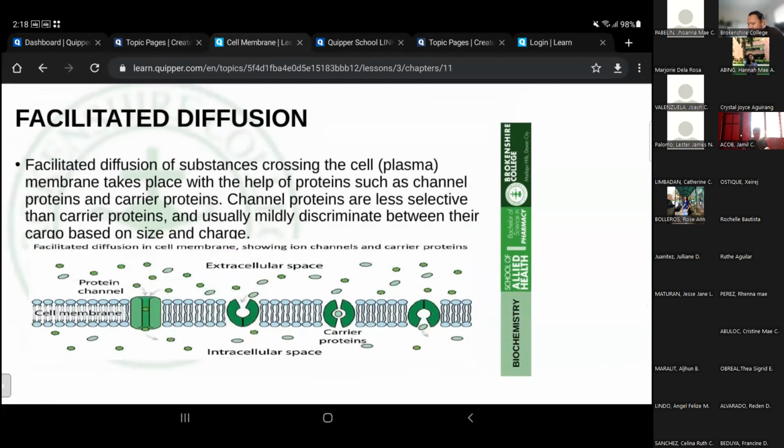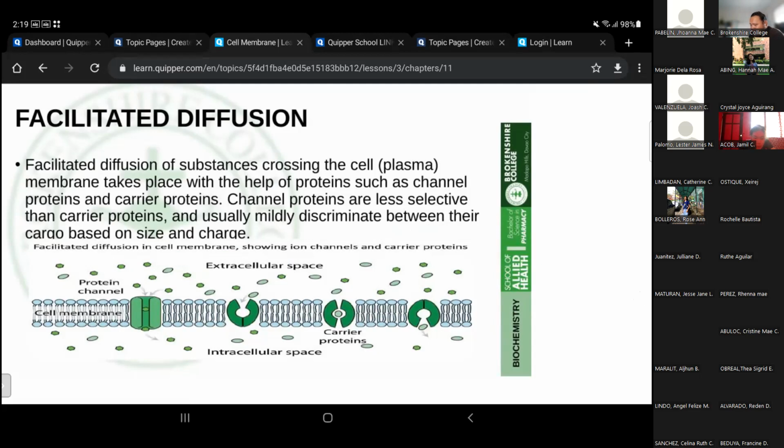Channel proteins are less selective than carrier proteins. They usually only mildly discriminate between their cargo based on size and charge. Usually, what enters through channel proteins or protein channels are ions. Ions can easily pass through protein channels, ion channels.